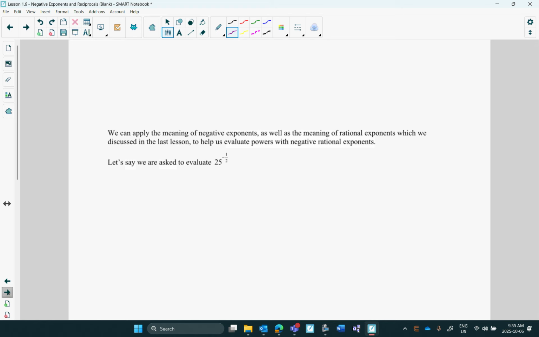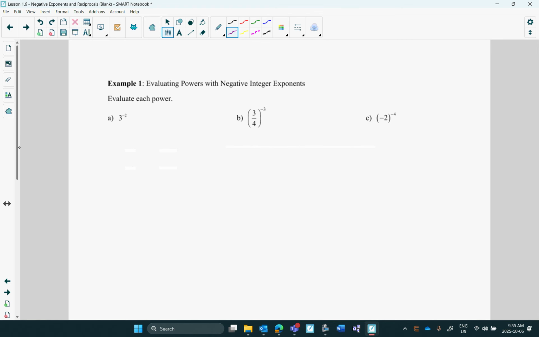So let's look at a couple of examples. This is the same as 3 over 1. Didn't change the exponent yet. All I did was write 3 as a fraction.